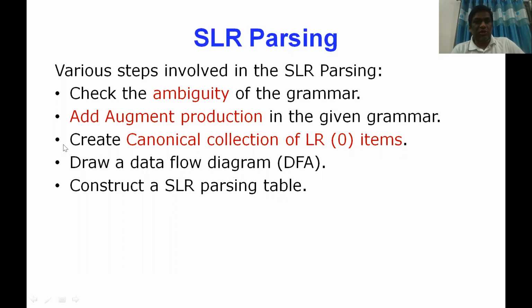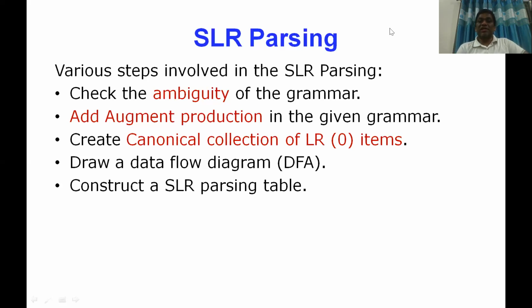And this is the most crucial part of building our SLR parse table: the canonical collection of LR(0) items. You need to create the canonical collection of LR(0) items, probably the most difficult part of our SLR parsing algorithm.